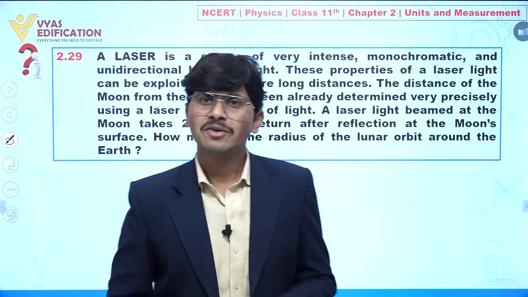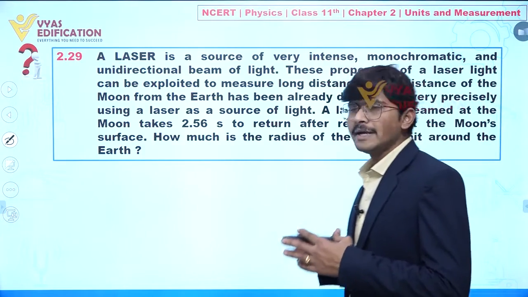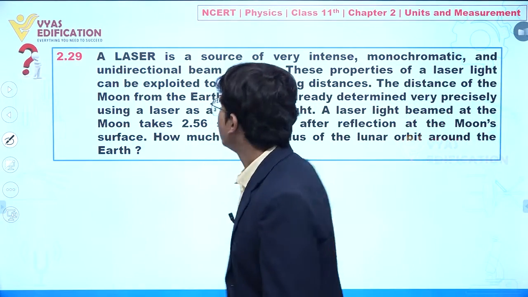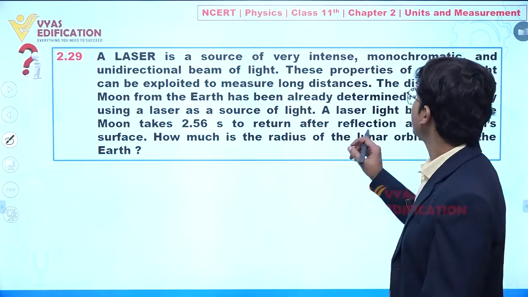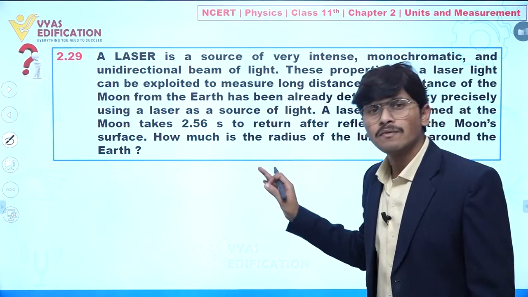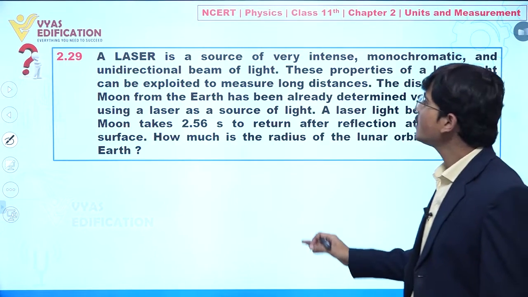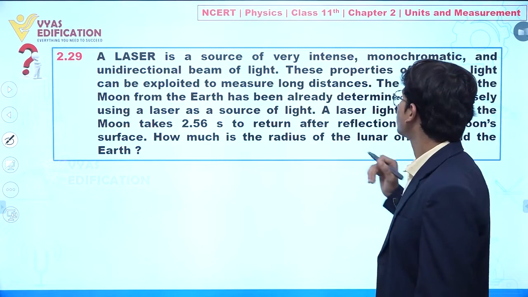Now dear student, we are going to discuss this question, which is 2.29. In this question it is given that a laser is a source of very intense, monochromatic and unidirectional beam of light. These properties of laser light can be exploited to measure long distances. That is absolutely true.